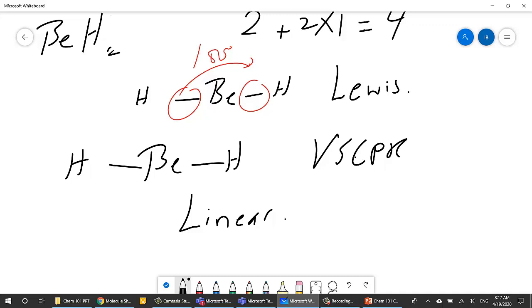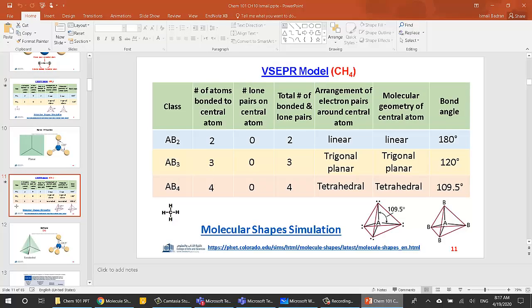There are actually 5 molecular geometries in the VSEPR. There is the linear, trigonal planar, tetrahedral, but there are also 2 others that we are not required to study in this course. But for now we have the linear, the trigonal planar, and the tetrahedral. Linear has two electron pairs, either bonded or non-bonded.